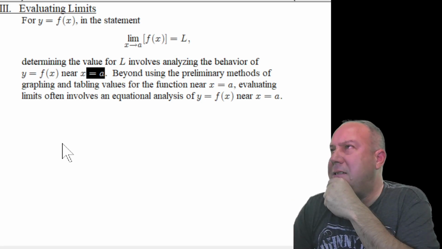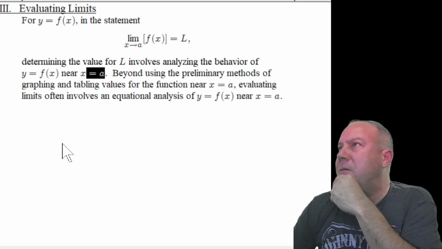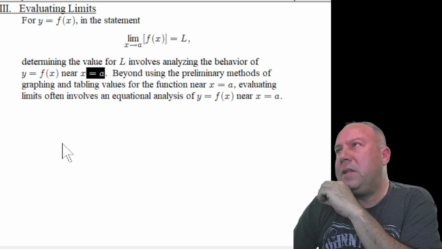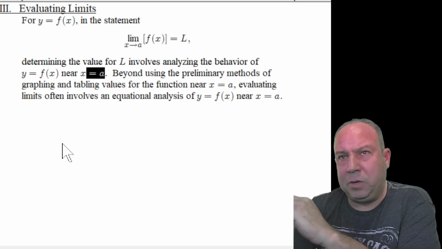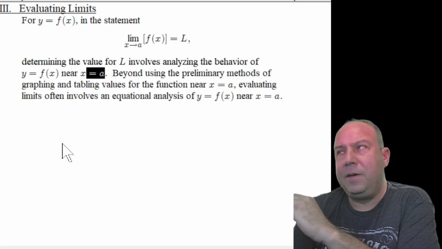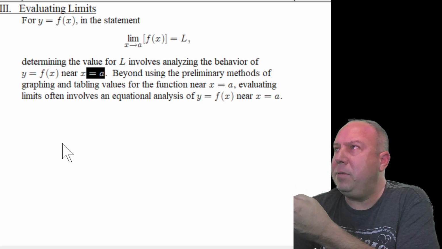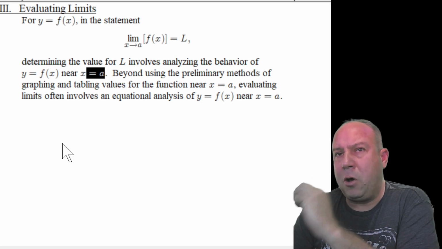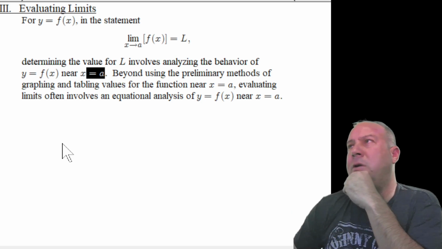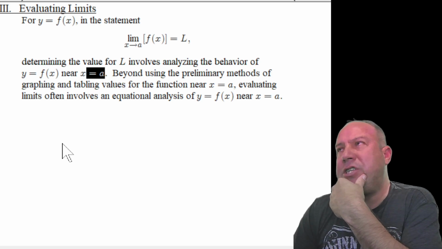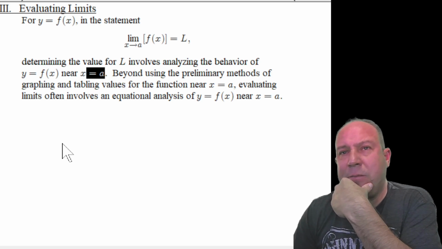And that analysis can happen with a lot of different components to it. Graphing and tabling are just two of the preliminary components, or like I had said, more of a check component to the process.